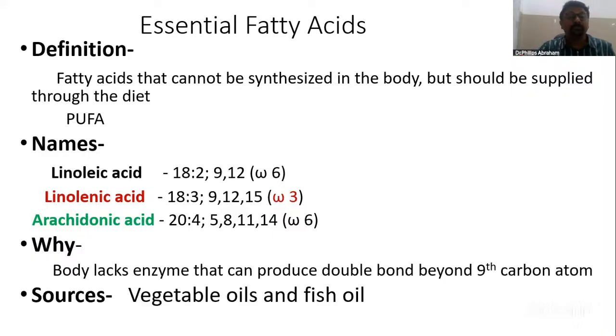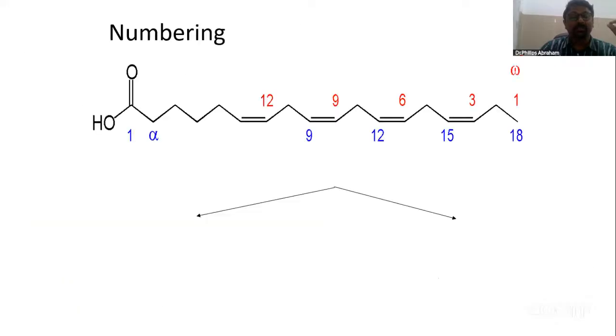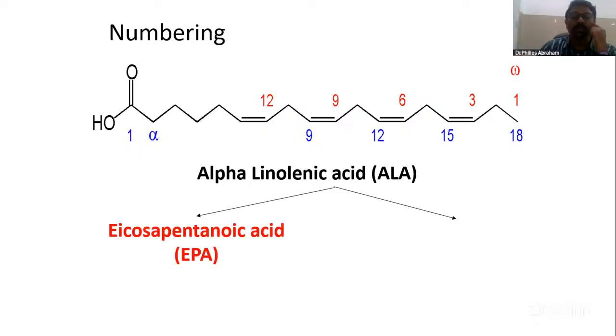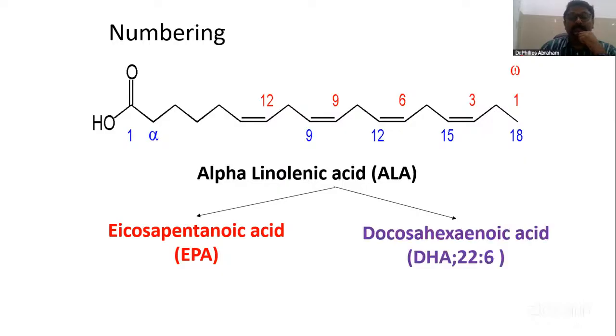The question comes: what are the major PUFAs that can be synthesized from essential fatty acids? From linolenic acid, the two most important are eicosapentaenoic acid, EPA, a 20 carbon compound which contains 5 double bonds, and docosahexaenoic acid, DHA.